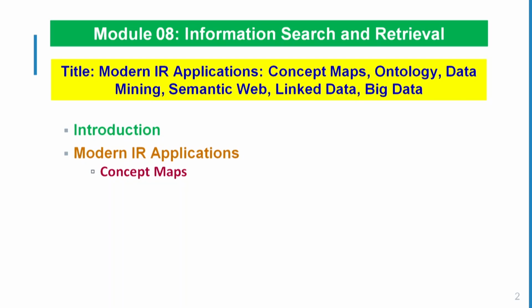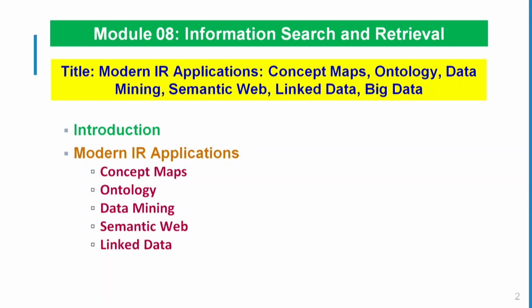And apart from that, there are many other applications which can be implemented as modern IR applications. We will be learning about concept maps, ontology, data mining, semantic web, linked data, and big data.